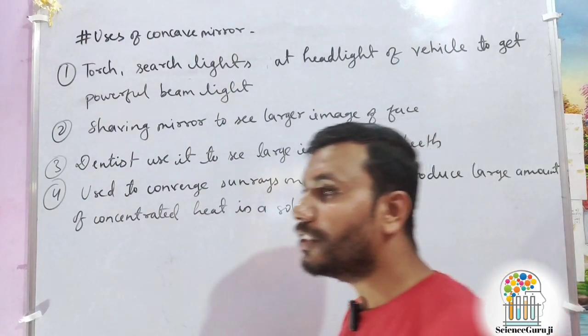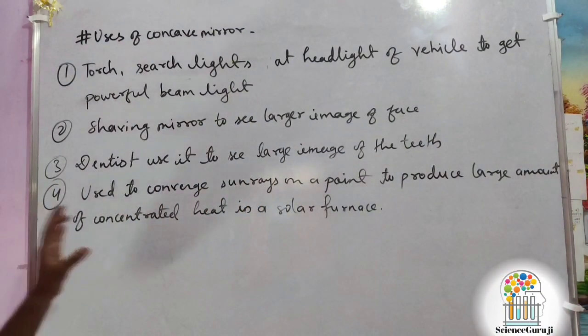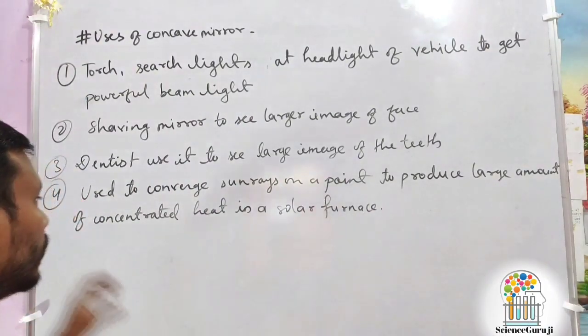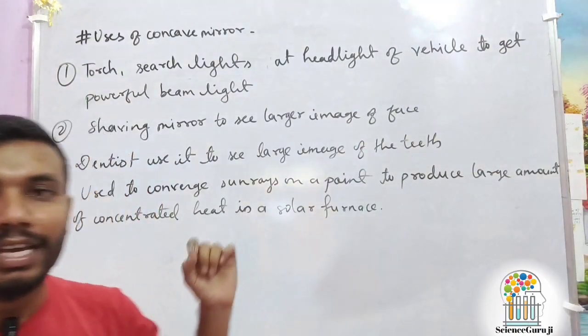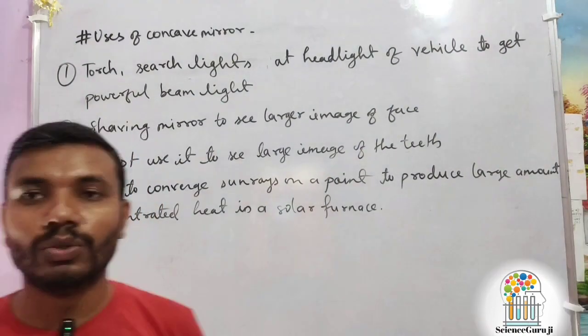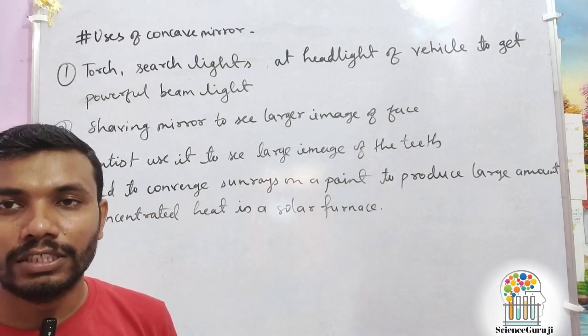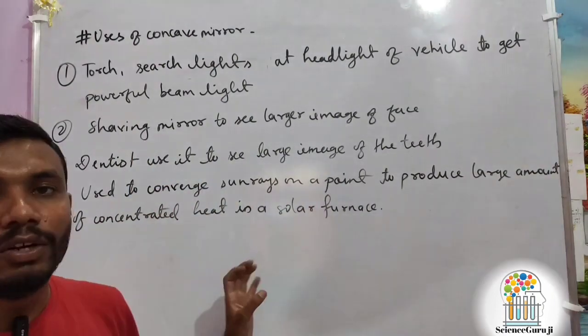This concave mirror is also used to converge the sun rays on a point to produce a large amount of concentrated heat in a solar furnace, and this solar furnace is used to prepare food in large kitchens. Okay, so these are some uses of the concave mirror.